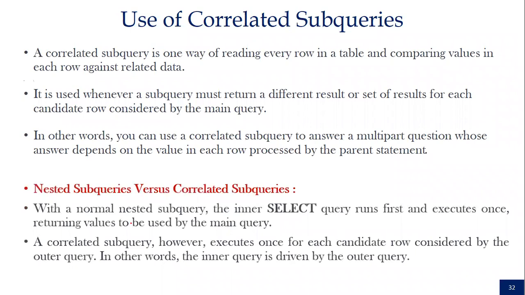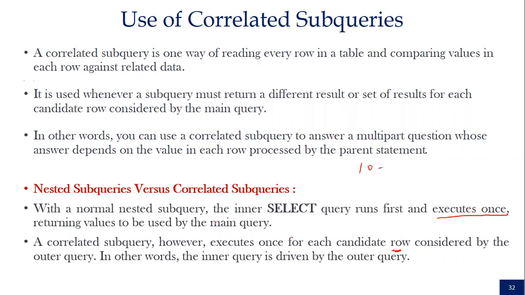So here is a basic difference between the nested subquery or subquery and the correlated query. In the normal nested query or subquery, the inner select query runs first and executes once. Only one time execution will happen for the inner select statement. But in the correlated subquery, it executes once for every candidate row. It means if there are 10 rows in the outer query, then 10 times the inner query will be executed.